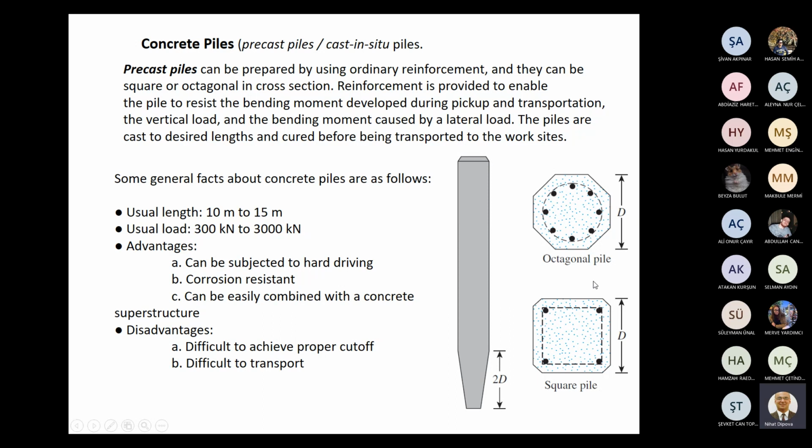Reinforcement is provided to enable the pile to resist the bending moment developed during pickup and transportation, the vertical load, and the bending moment caused by a lateral load. The piles are cast to desired lengths and cured before being transported to the site.